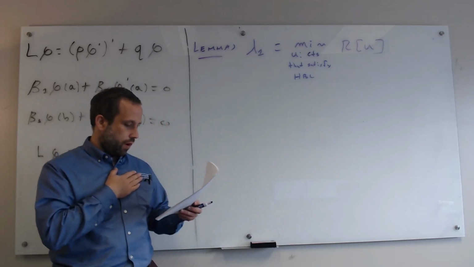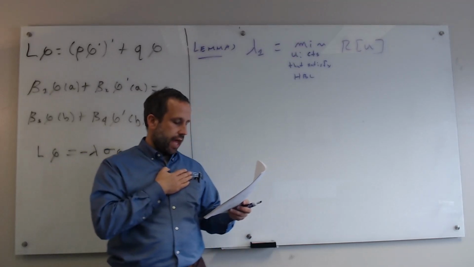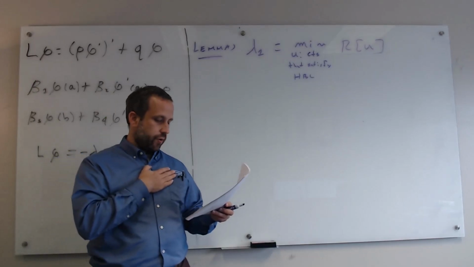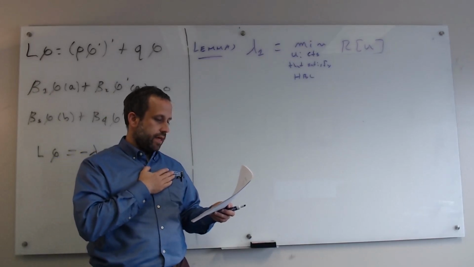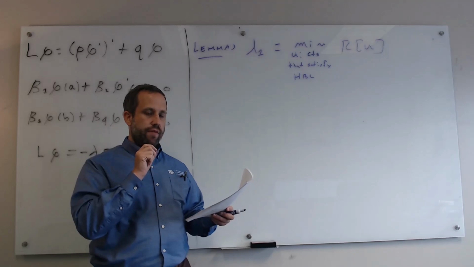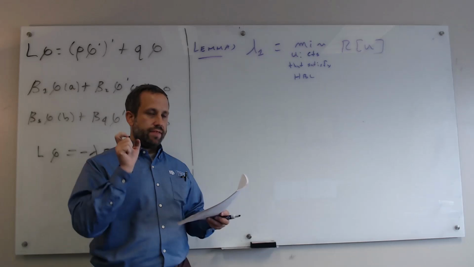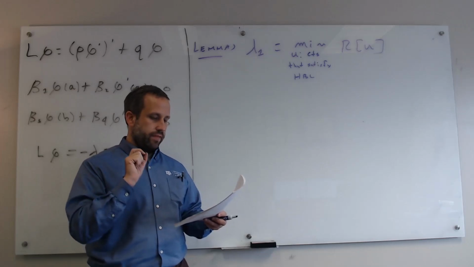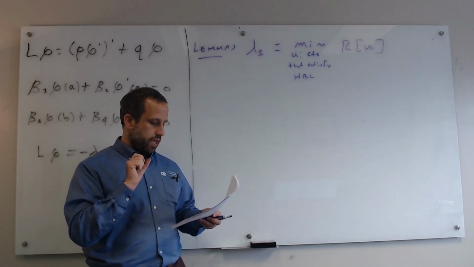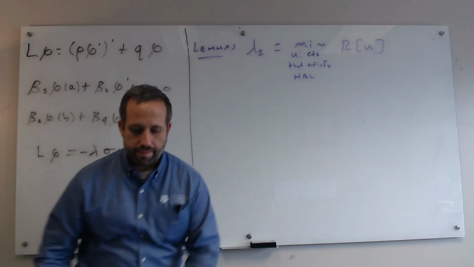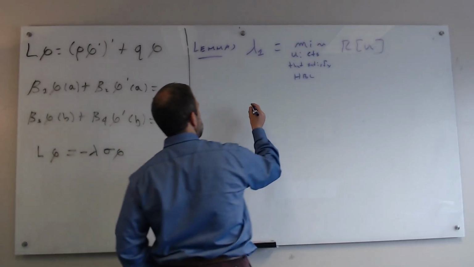Exercise 7.14 says, note that if you look at the Rayleigh quotient for all functions for which C1 is equal to 0, that is, if we expand a function in terms of the phi k functions and the first coefficient, C1, is equal to 0, we can prove a similar statement about lambda 2. In other words, I'll give you a little bit more. This is not the lemma.